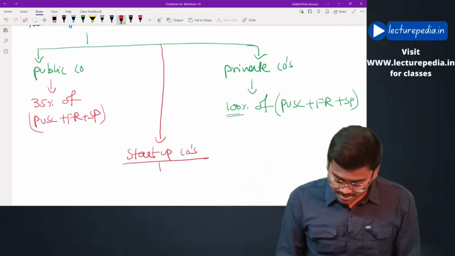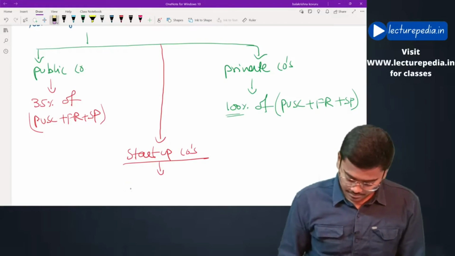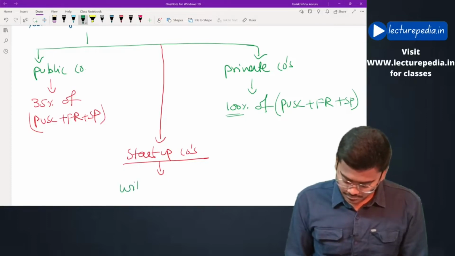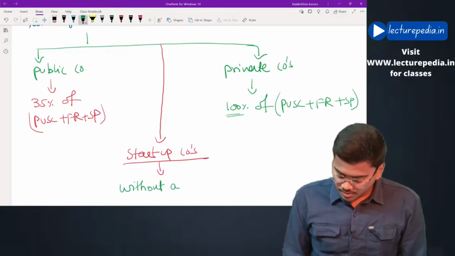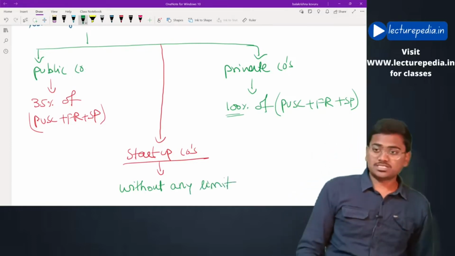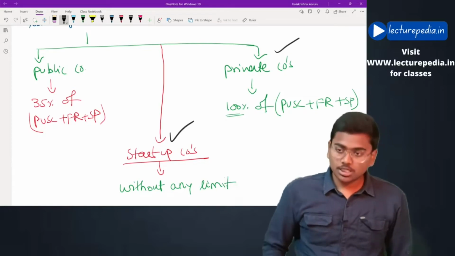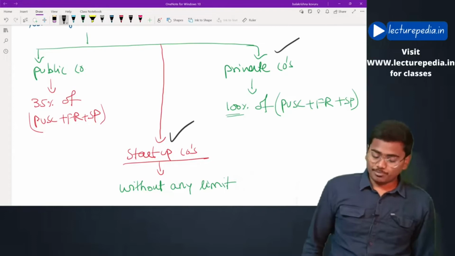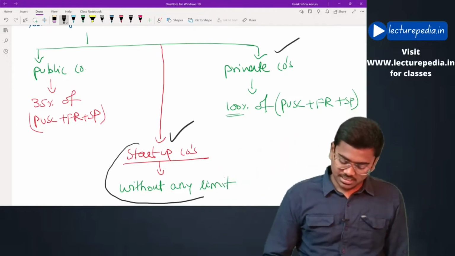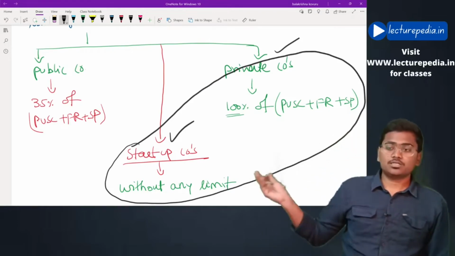Those startup companies can accept without any limit. Hope this is clear. Actually, these 2 points are not there in our syllabus, but this chart will be incomplete without telling these 2 points, and I don't know why institute has not kept these 2 in our syllabus.